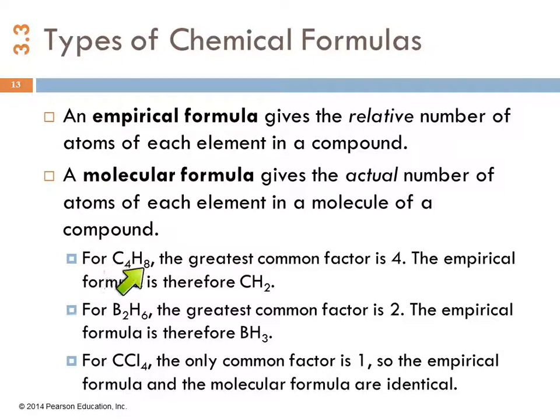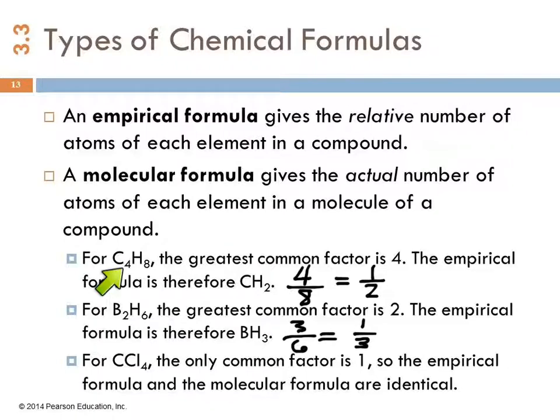If the ratio of these subscripts is not in its lowest form, maybe let's look at that as a fraction. So we've got 4 over 8. Right? That would reduce to 1 over 2. 3 over 6 could be reduced to 1 over 2.